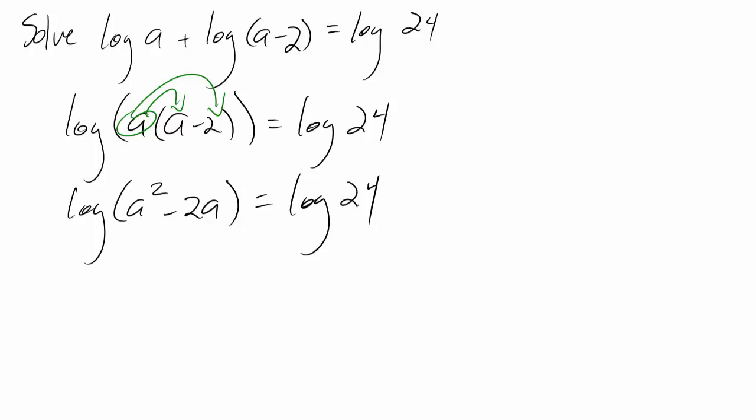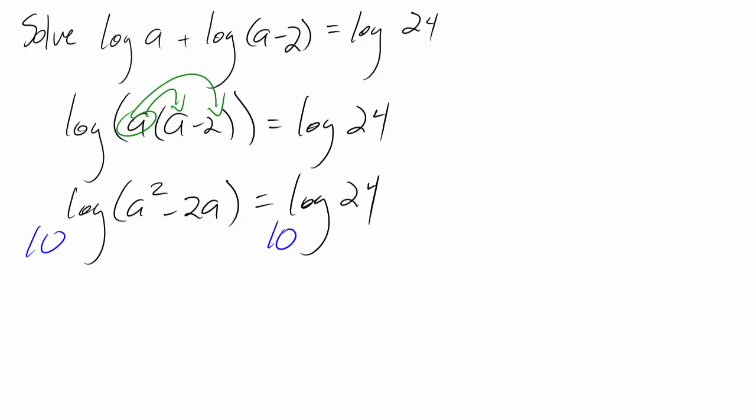What we're going to do has a fancy name called exponentiate. We're going to use the base of our logarithms, which in this case is 10, since we're using common log, so both sides become 10 raised to their respective log powers.